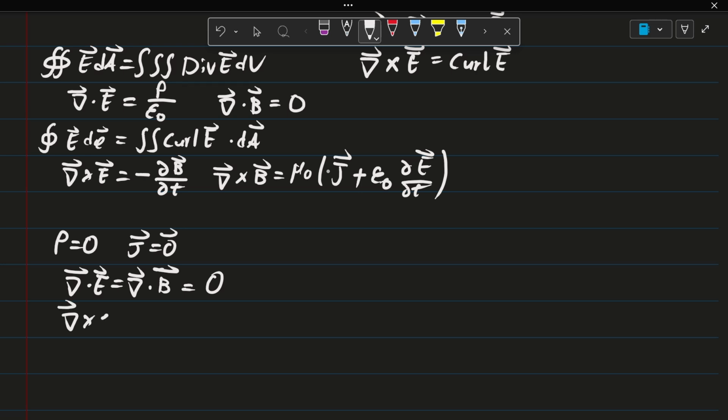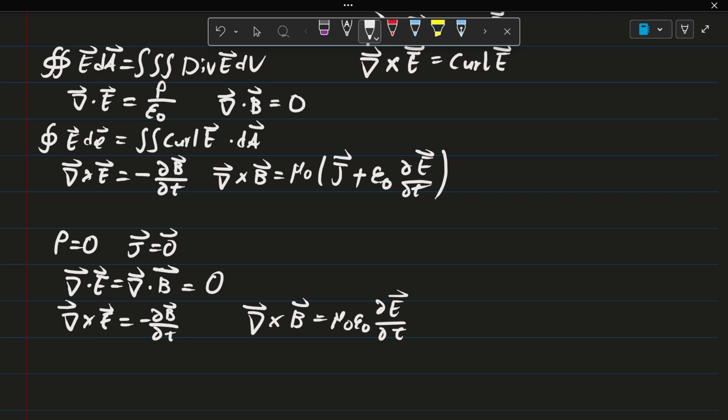And the curl of the electric field will be negative partial B vector over partial t, and the curl of the magnetic field will be mu 0 epsilon 0 partial E vector over partial t.